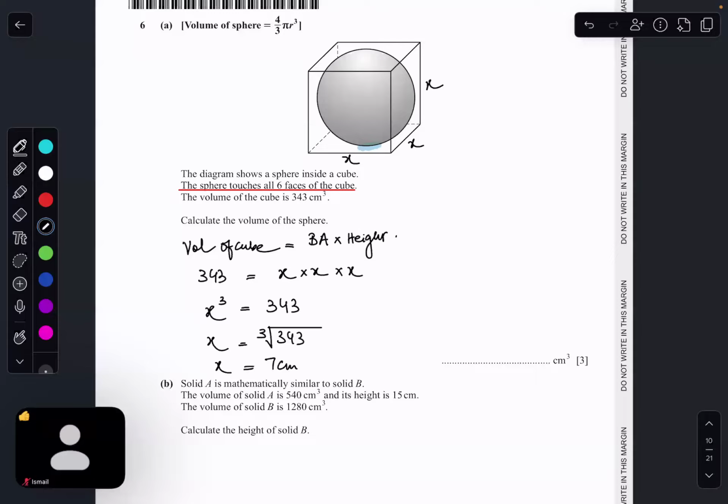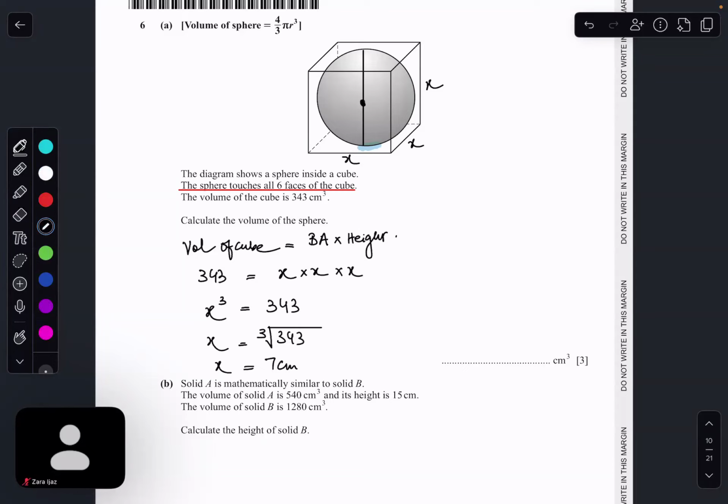Is the sphere touching the base over here? It is. So let's say this is the center. Can I say this line from the center to the circumference is the radius? Yes. And what about this portion? Is this the radius as well? Yes. Right.